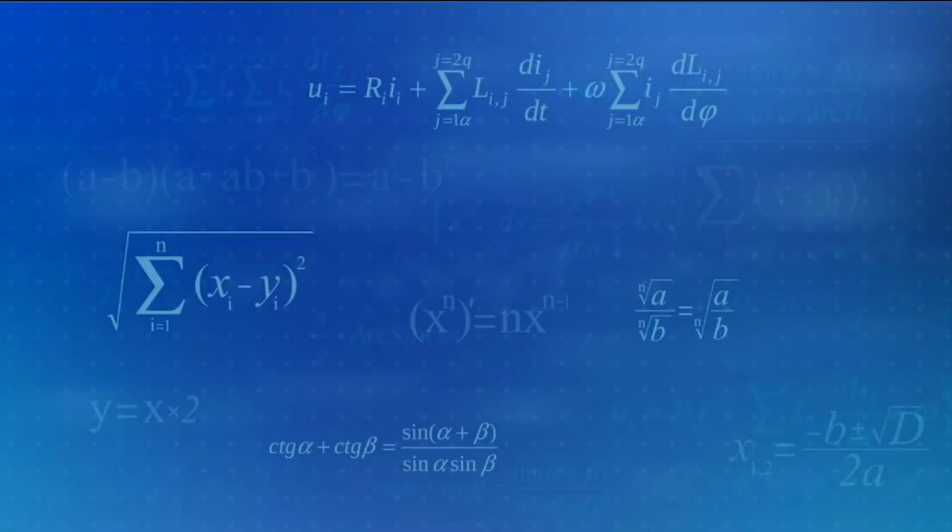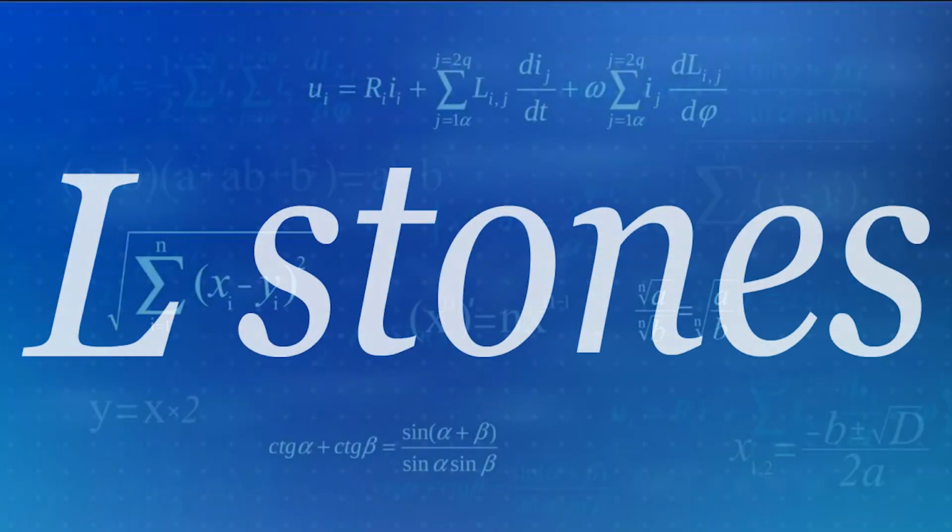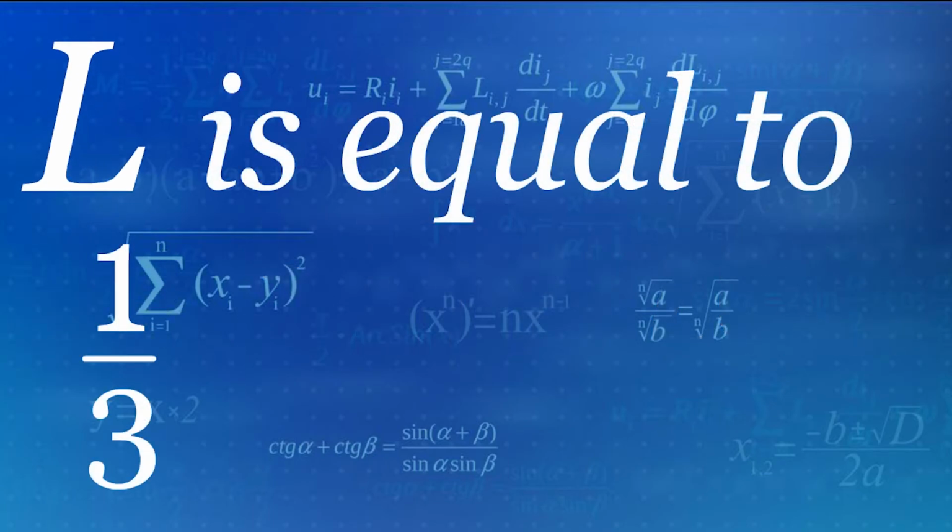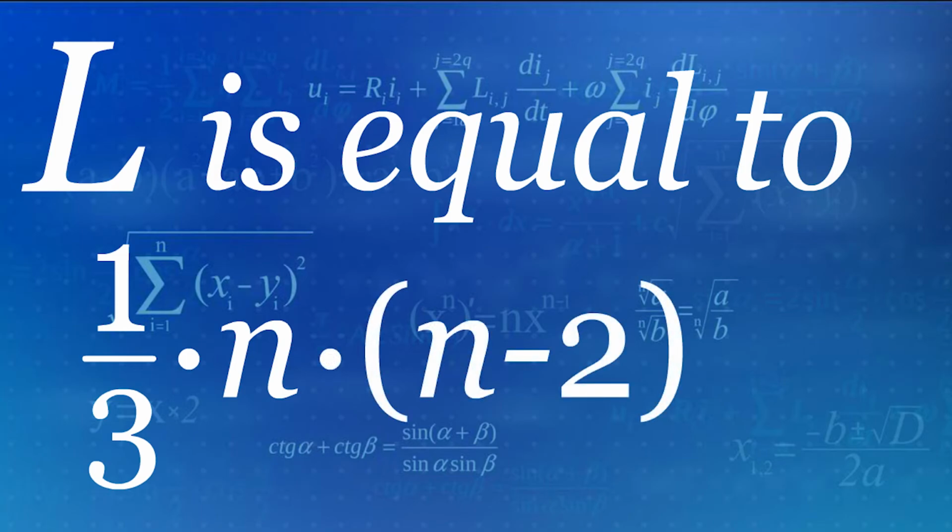Equivalently, we need to show that there exists a field with L stones, such that our snake cannot overrun itself, where L is equal to 1/3, multiplied by n, multiplied by n minus 2, plus 1. We will work with the parameter m, instead of n, from here on.